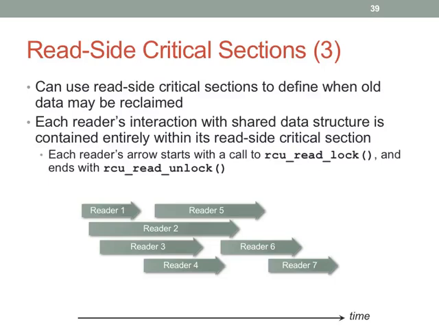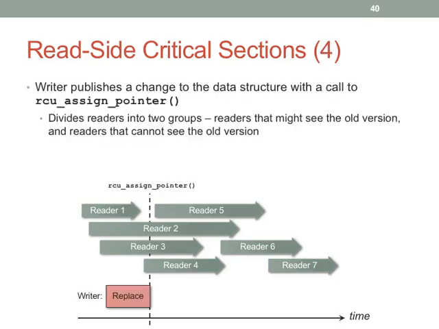Maybe right away, maybe a little bit in, who knows. Now somebody publishes something, so they call RCU assign pointer. RCU assign pointer can never occur exactly where an arrow starts or exactly when an arrow ends because it's atomic.